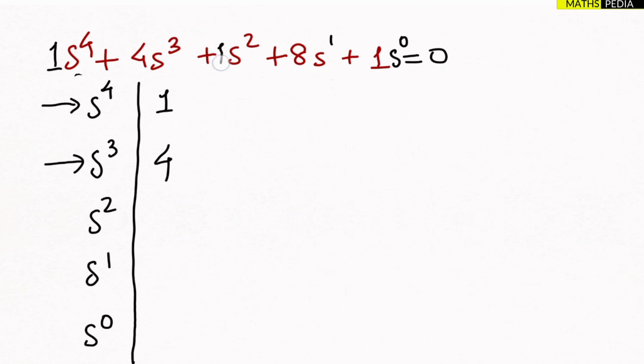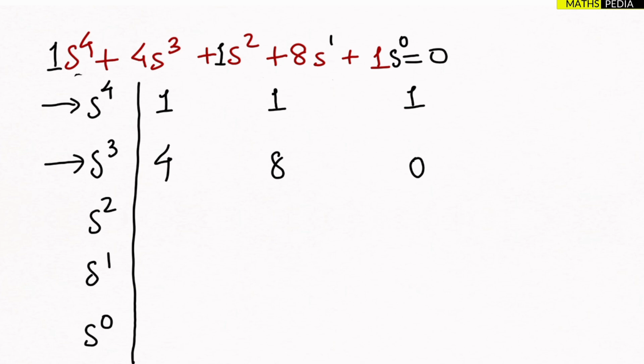The next one will come over here, then the next one over here. Where is the next one then? There is no next one. We can put 0 or we can leave it blank.